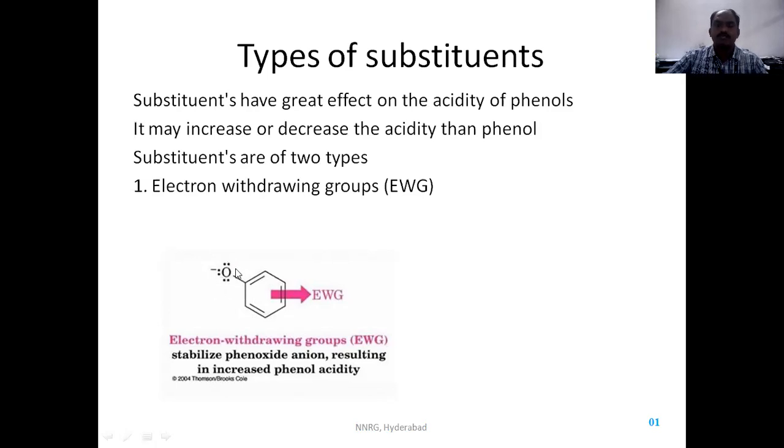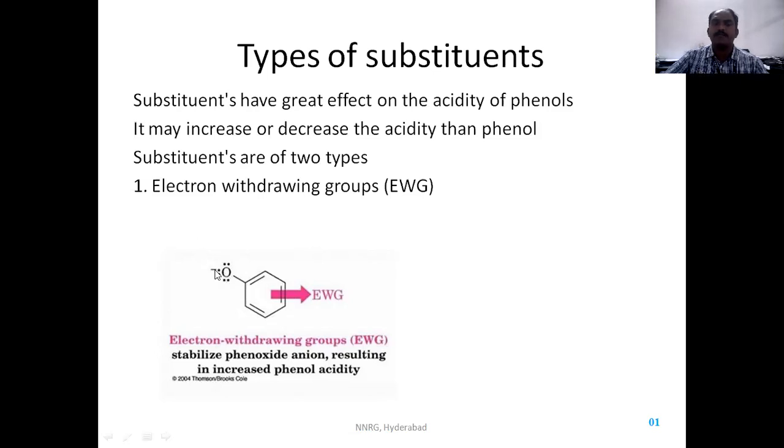When the electron cloud on this oxygen decreases, it will try to pull the electron cloud from the other atom attached to it, which is hydrogen, so the bond between oxygen and hydrogen becomes very weak and the hydrogen goes out.